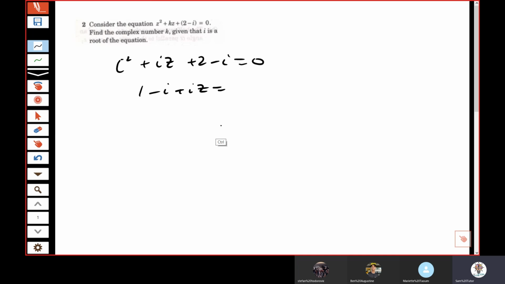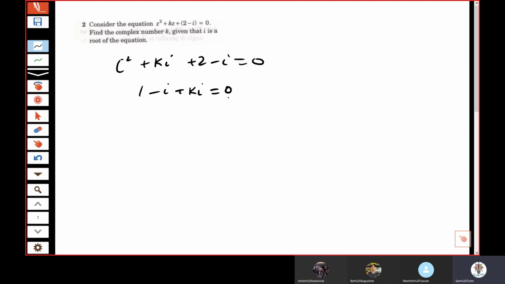iz, what am I doing? No. Where did I get the z from? It's ik, there we go, that's better, equals 0. Now I see a little problem, so give me a second to think about this. i squared is negative 1.